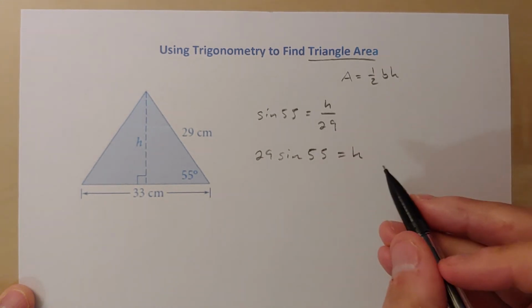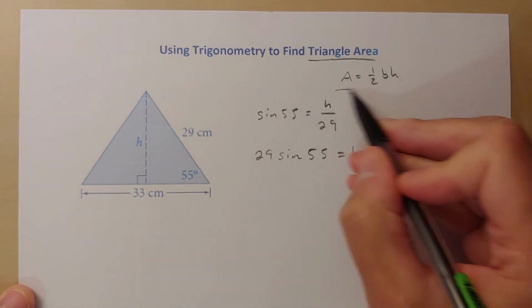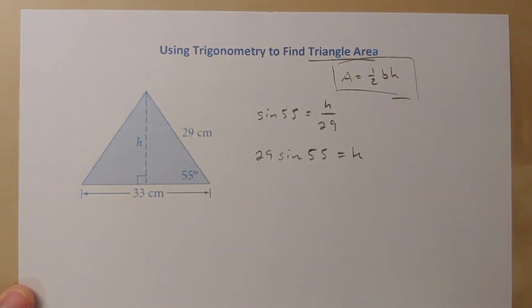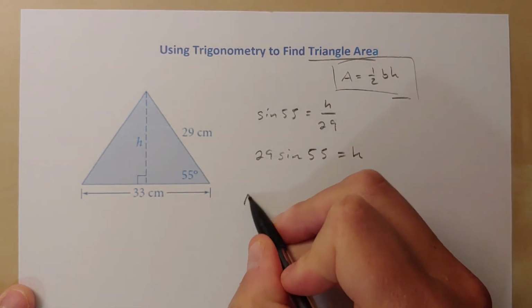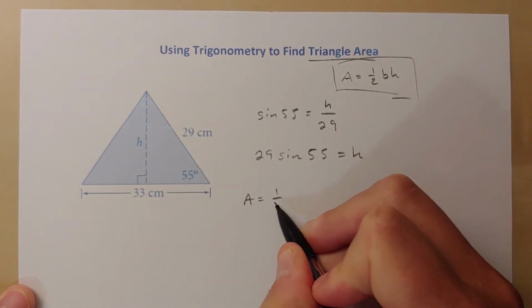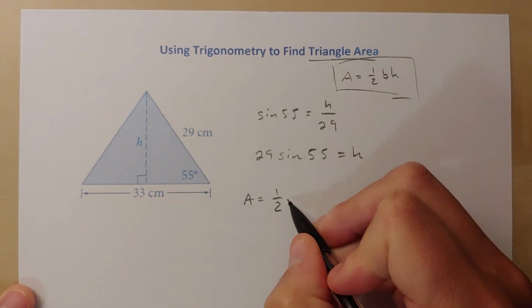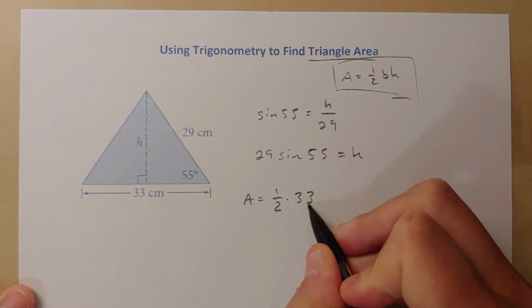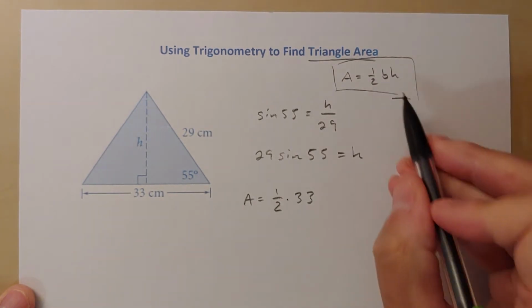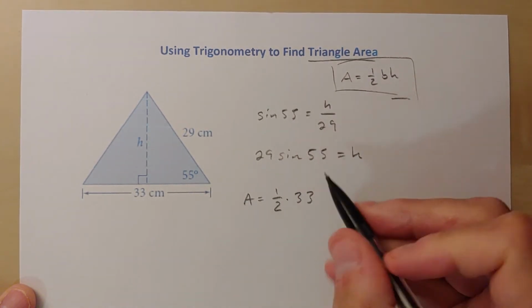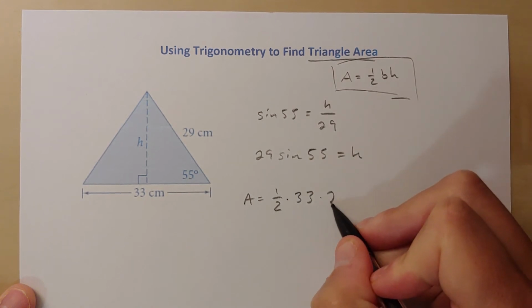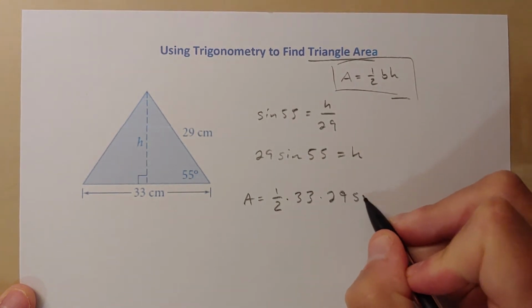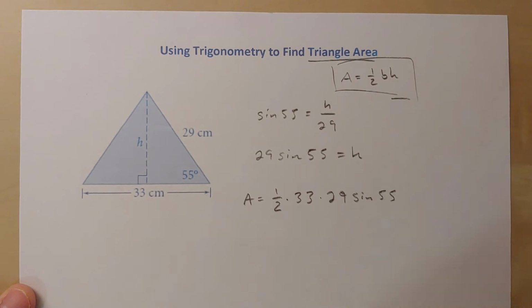So now if I want to find the area of my triangle, I can use the formula that I already know, which is to say I can do 1/2 times the base, well the base is 33, times the height. Well, I just figured out the height is 29 times the sine of 55.